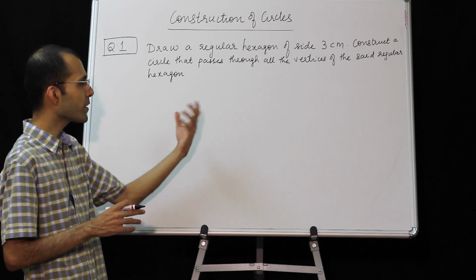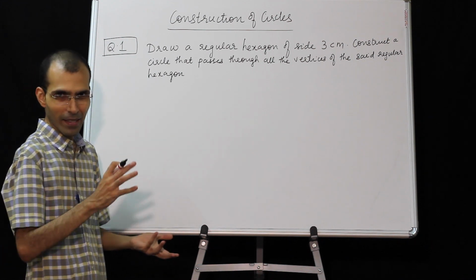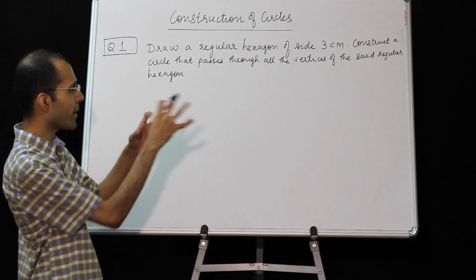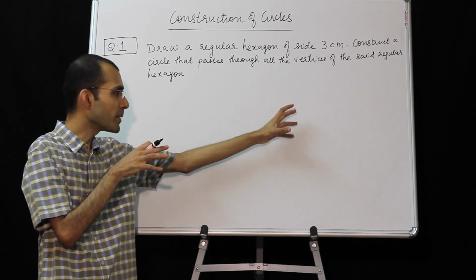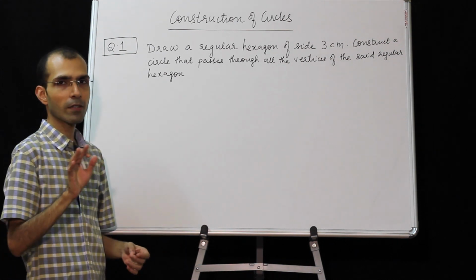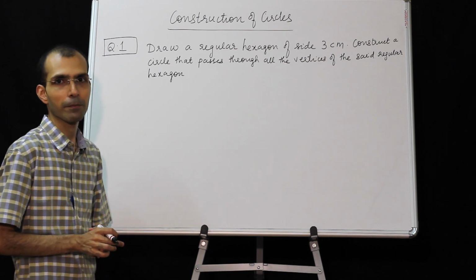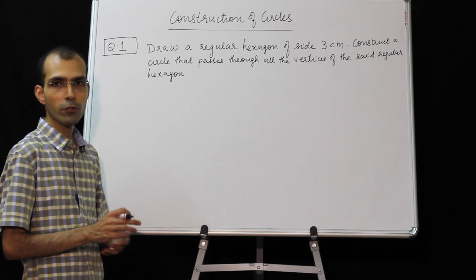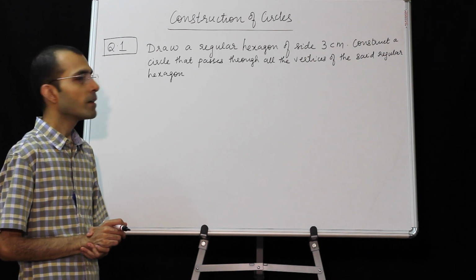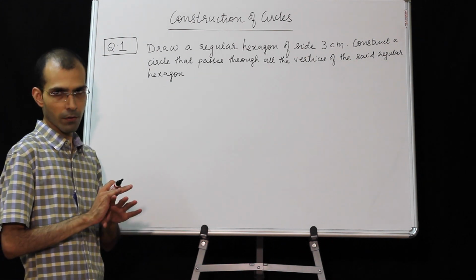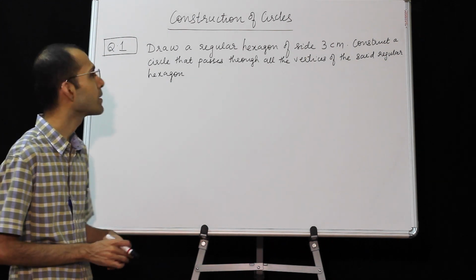Rough diagram you should always draw to get an idea, so as to develop that imagination. Okay, I can locate my point P like this, Q like this, but it does not carry any marks as such in the exam. And pencil of course has to be used for construction. Steps of construction are not to be written in the exam.